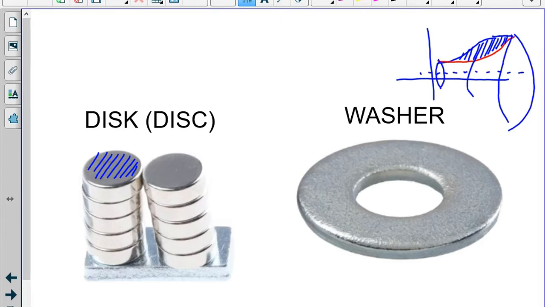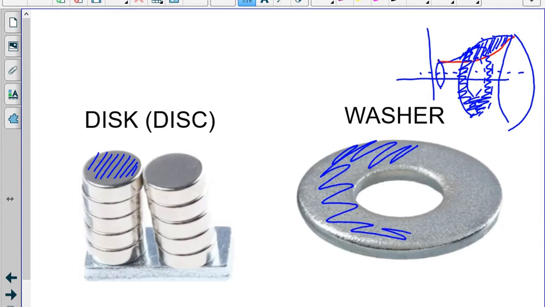What you're finding is that you would have thickness in the middle, just like a washer, and a lot of the other parts would not really have much thickness at all.